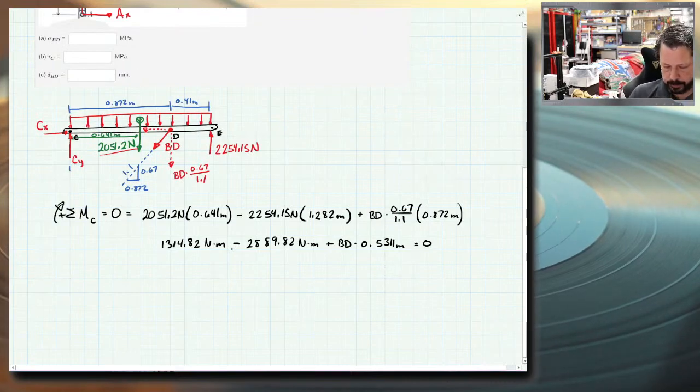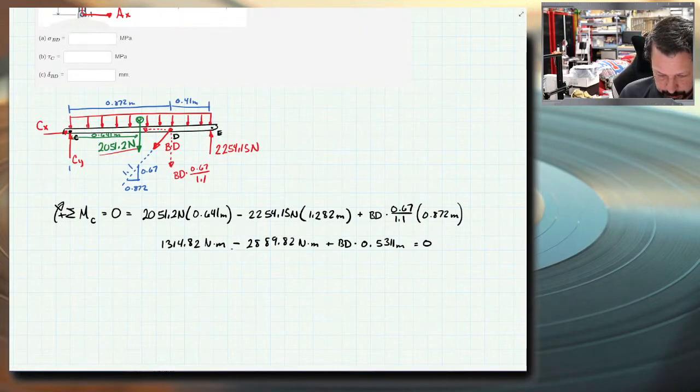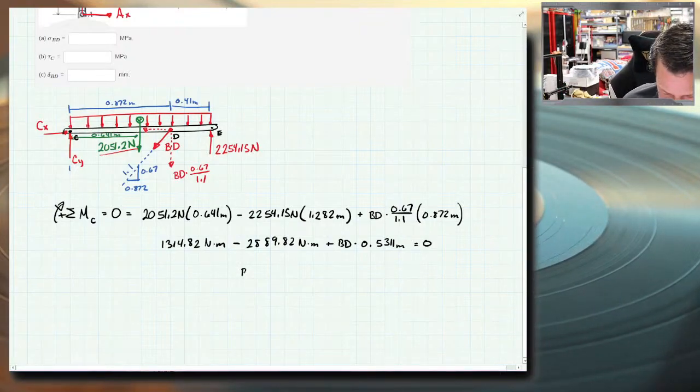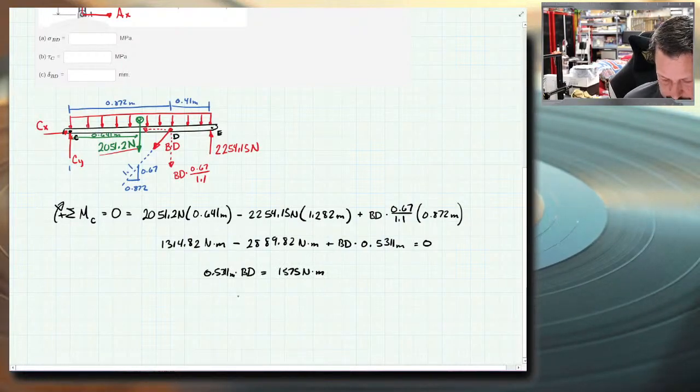So I'll take the 2889.82, subtract 1314.82, so I get the difference in those two. That ends up being a negative 1575. I can move that negative to the other side, it becomes positive, and I get 0.5311 meters times BD equals 1575 Newton meters.